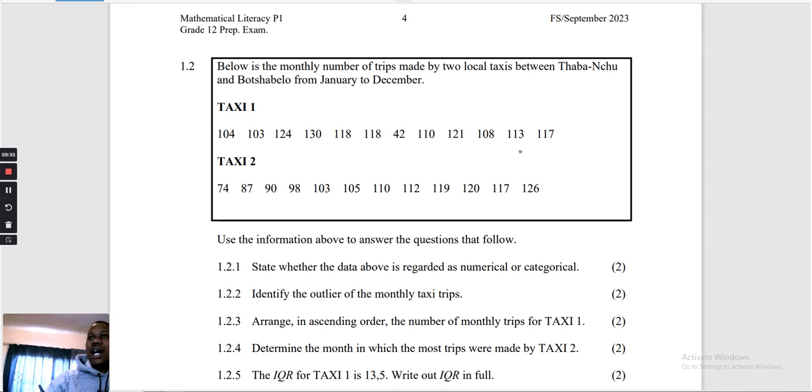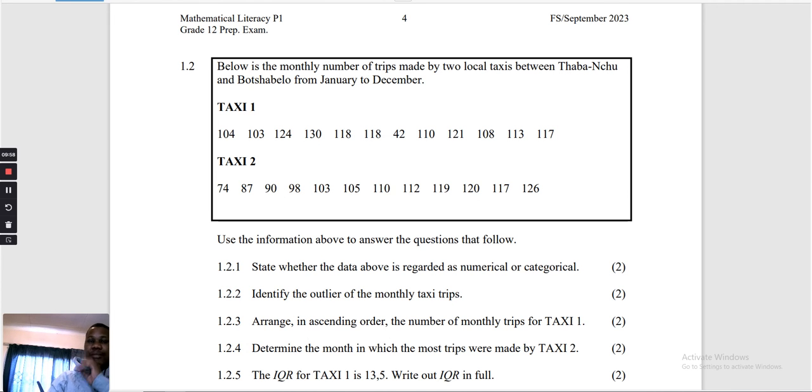They say from January to December, so we are expecting that these are the trips in January, February, March, April, May, June, July, August, September, until December. For taxi number 2 it is the same thing. It means we have 12 months here: 1, 2, 3, 4, 5, 6, 7, 8, 9, 10, 11, 12.